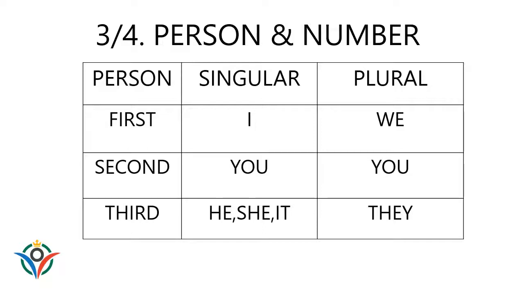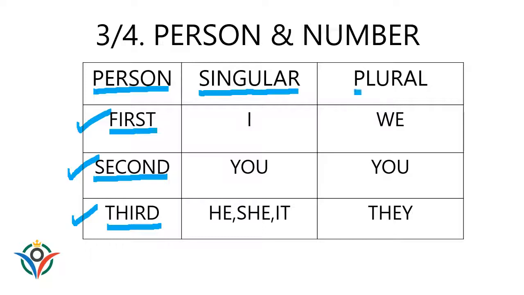So the first characteristic is the person, and we can have either a first, a second, or a third person. The first person is the person speaking, the second person is the person being spoken to, and the third person is everything else. And then that person can either be singular or plural.